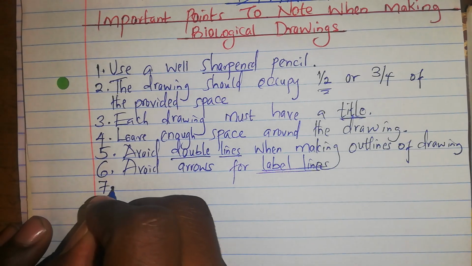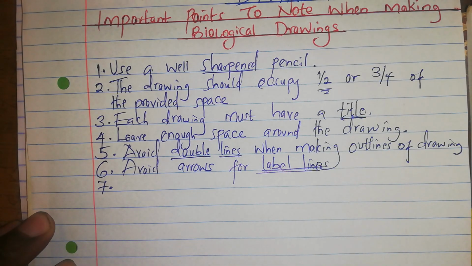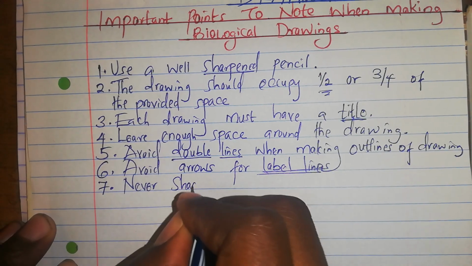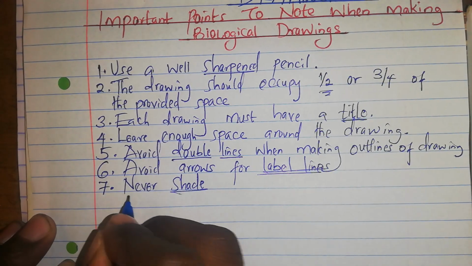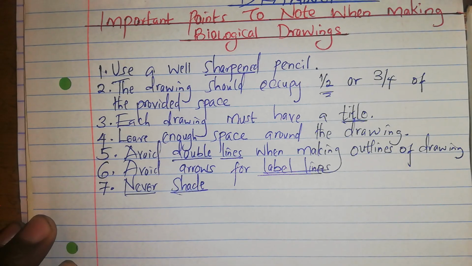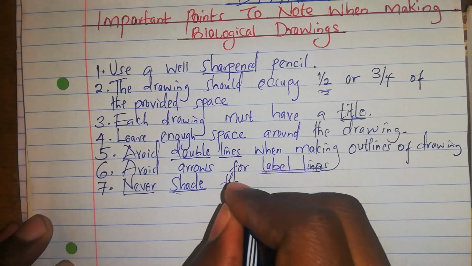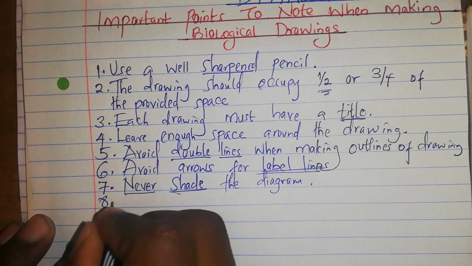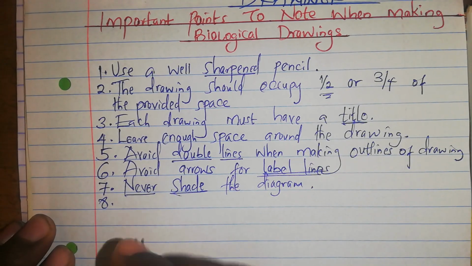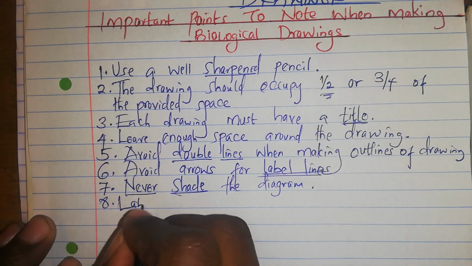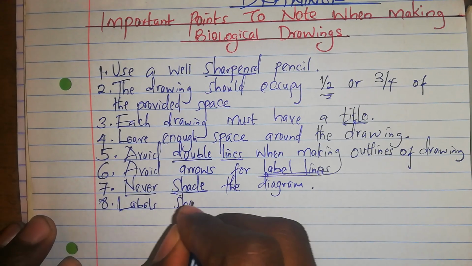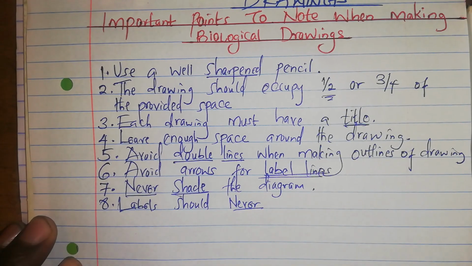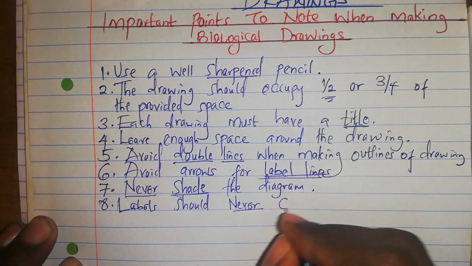Number 7, never shade the drawing, the diagram. Never shade the diagram. Number 8, labels should never cross each other.